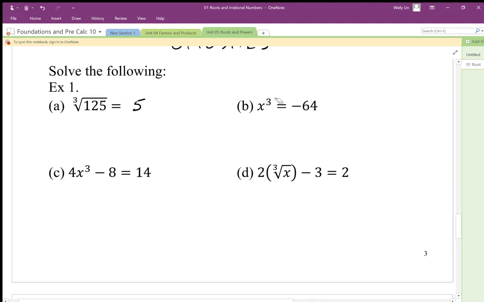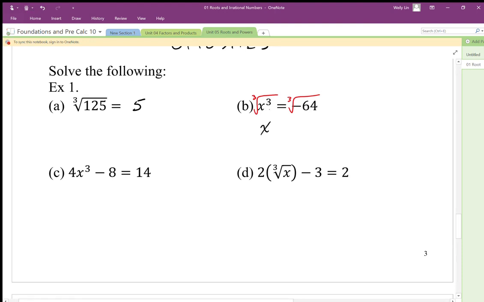Here, if I cube a number, I get negative 64, and that means that I must have started with a negative number to cube it. So when I undo this, I'm going to solve here. So this is now an equation, so I'm solving. I'm going to undo it by cube root, and as long as I do the same to both sides, I'm allowed to do that in an equation, because the important property is balance here.